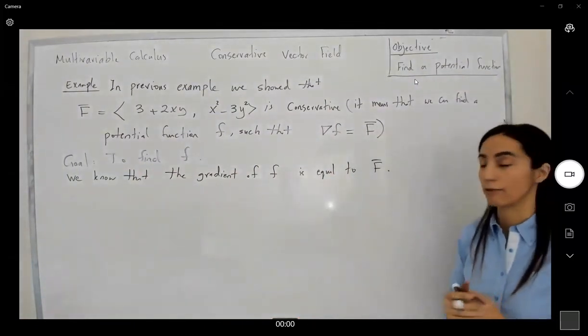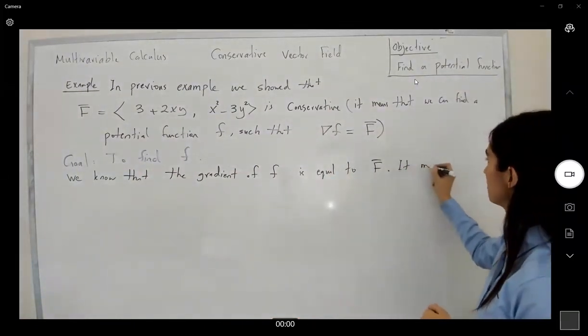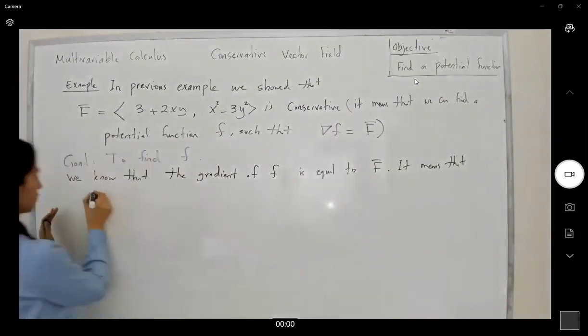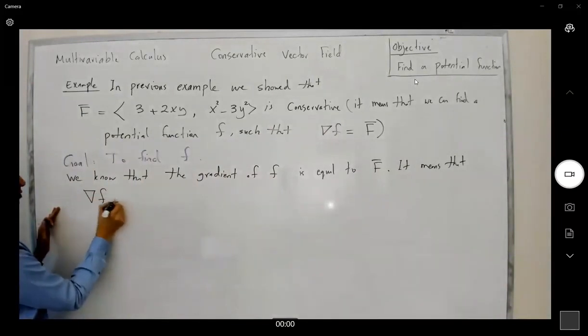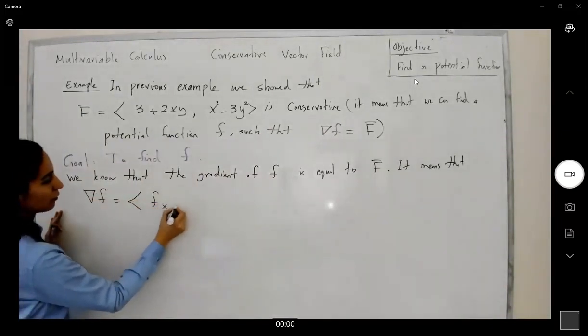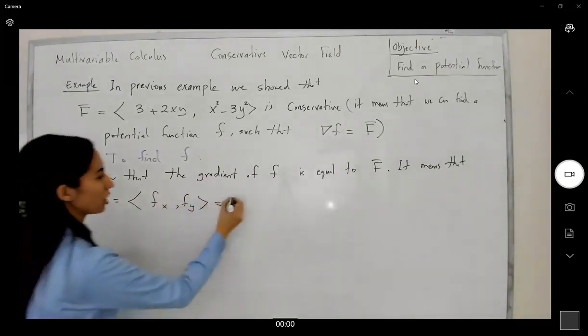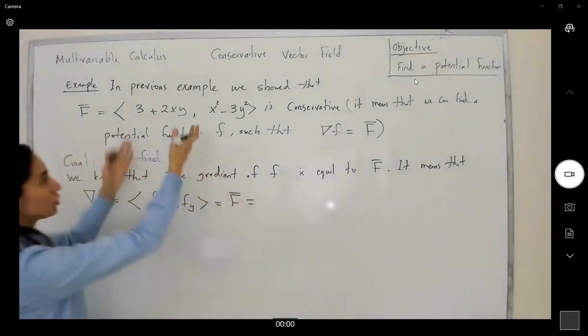What's the meaning of that? It means that the gradient of f, which is equal to (f_x, f_y), is equal to vector function F, which is given to you.